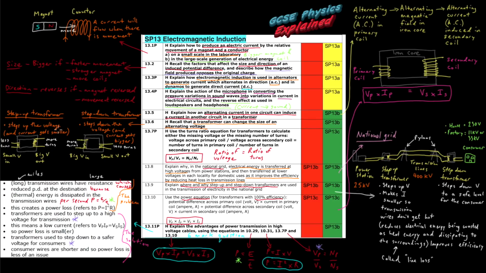Now, as a consequence, the current would get smaller, because the amount of power that you put in has to equal the amount of power that you get out. So if you're putting a small voltage in and getting a big voltage out, you'll end up getting a small current out. Now, to identify a step-up transformer, it's got more coils on the secondary.